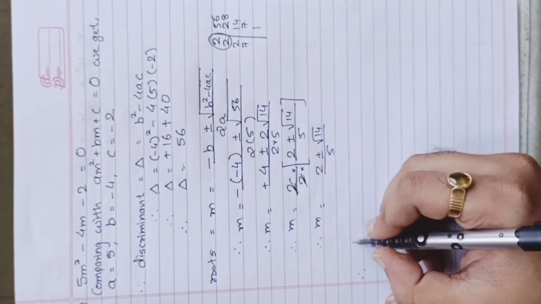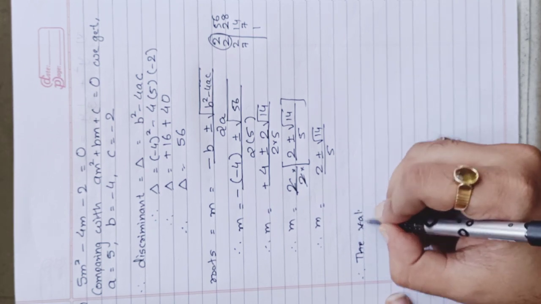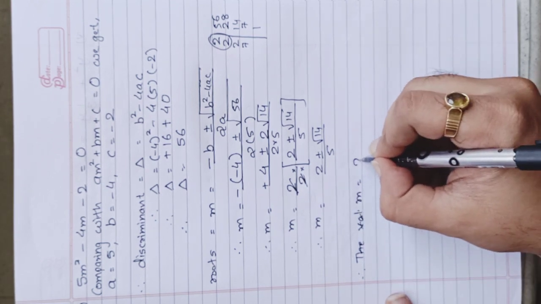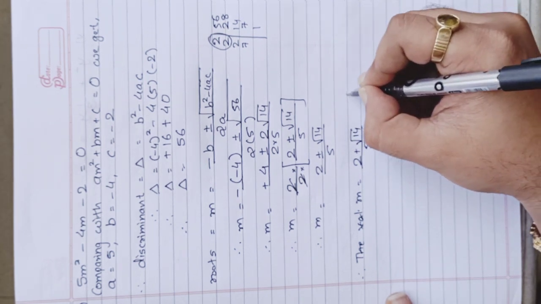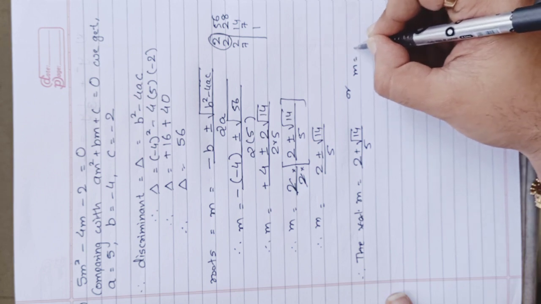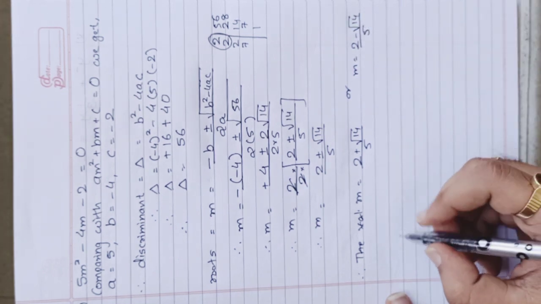Therefore, we have to separate them first. So m equal to 2 plus root 14 upon 5, or m equal to 2 minus root 14 upon 5.